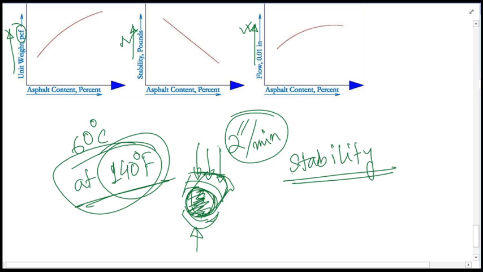The maximum load carried by the specimen before failure is called the stability. In general we express stability in Newtons, particularly if we are using, say, the USA method.